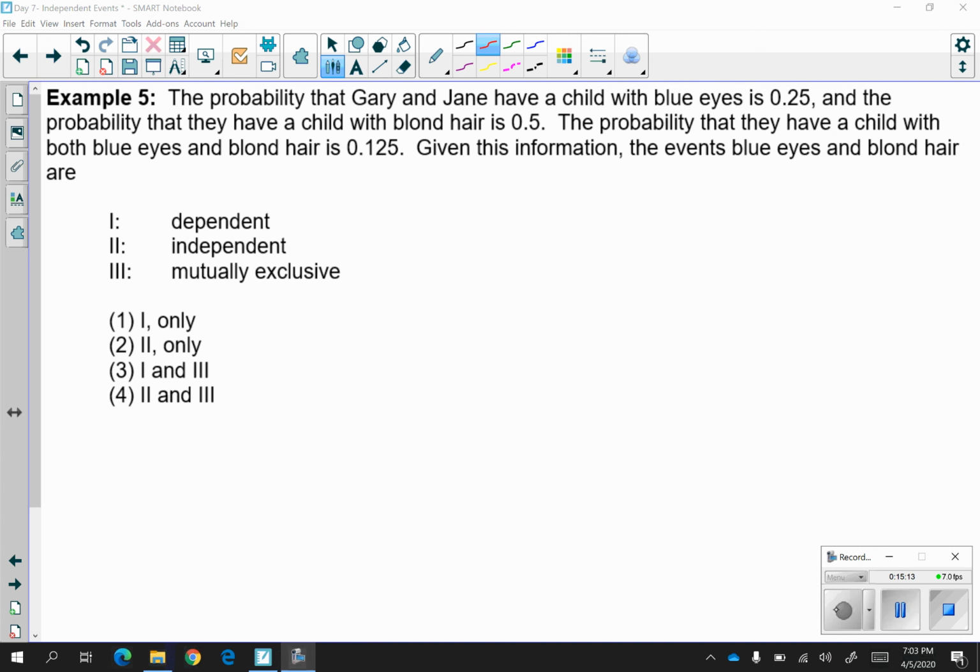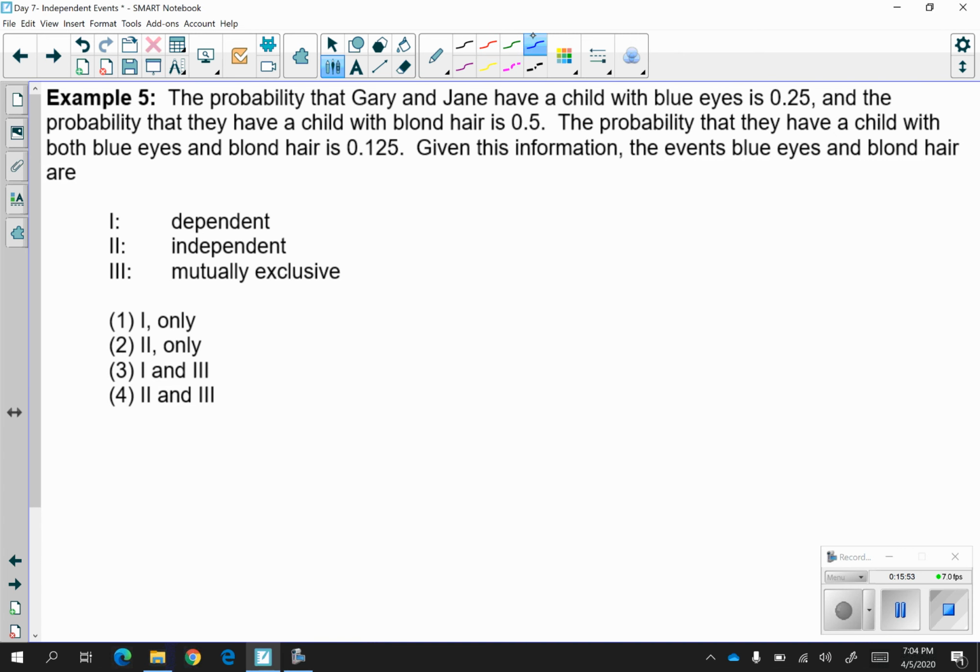Looking at this question, before even reading the actual question or the answer choices, I automatically know that either dependent or independent has to be in my answer, because something is either independent or dependent. There is no third option. So one of them has to work. Anyway, going on to this question again.